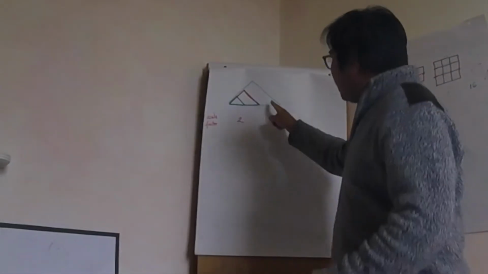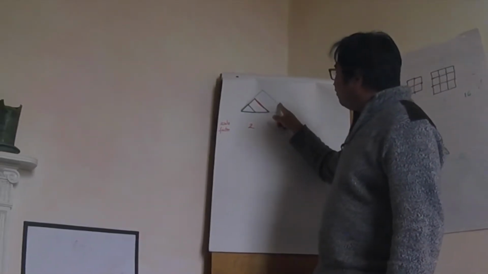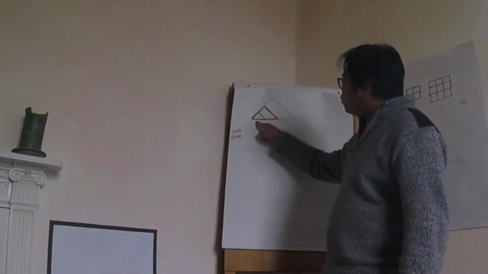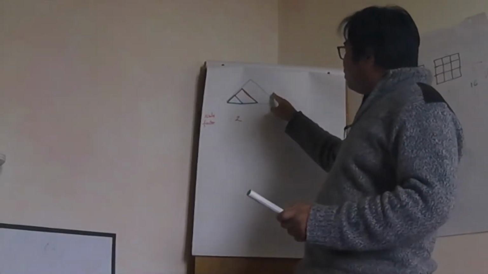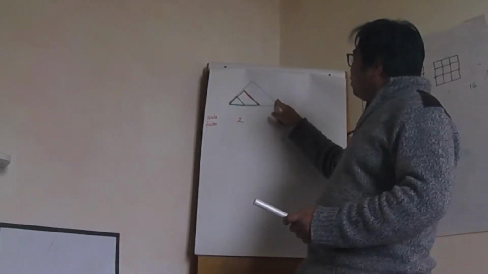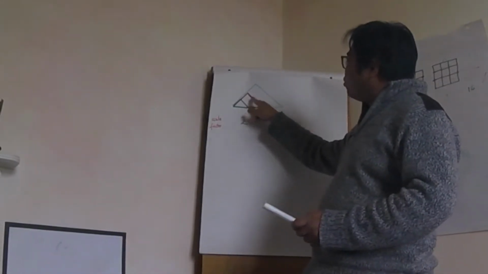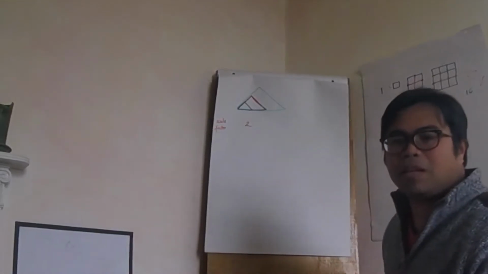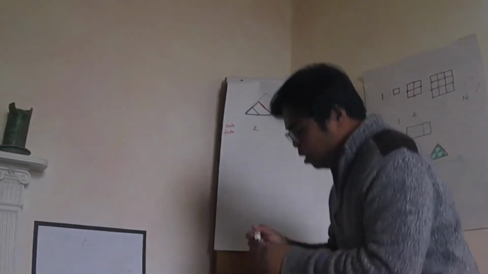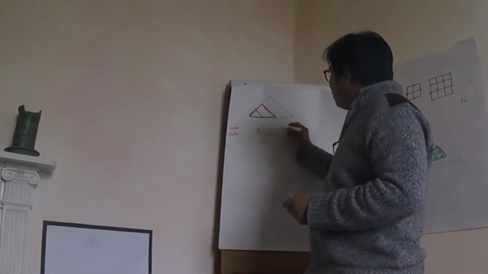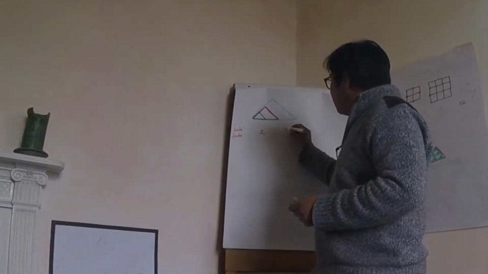So what is the scale factor of enlargement with the green in reference to the black one? How many times did I enlarge the triangle from black to green? 3 times. That means I enlarged it 3 times. So here, the scale factor of enlargement is 3.